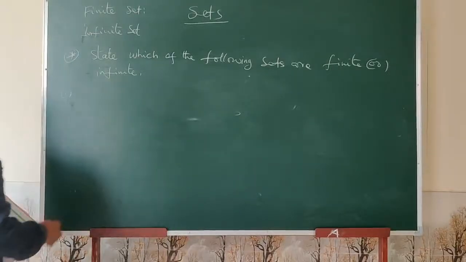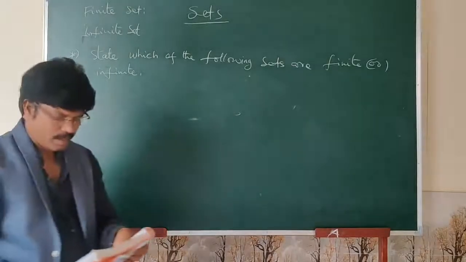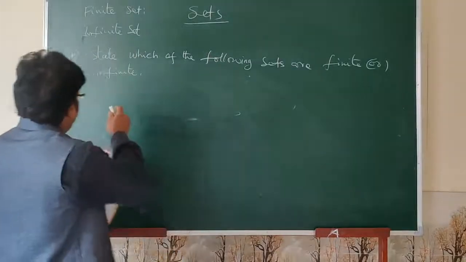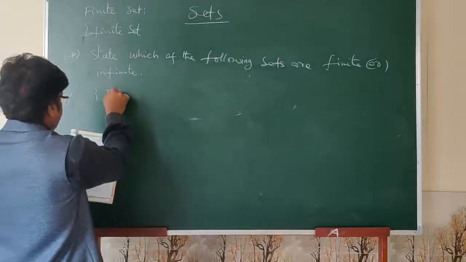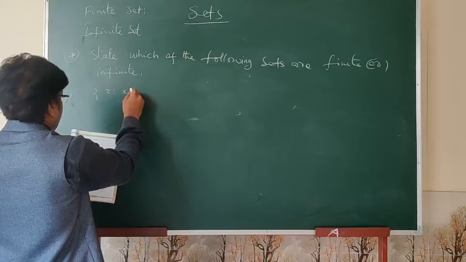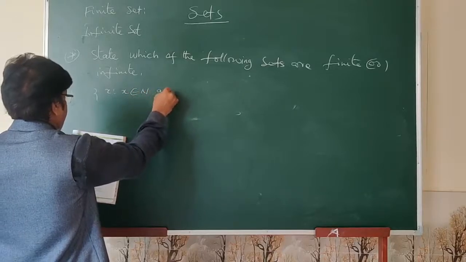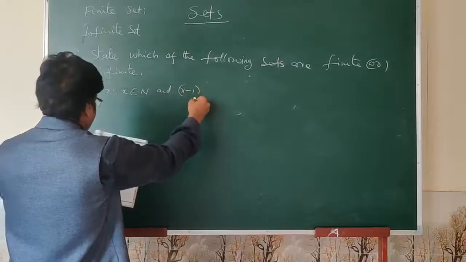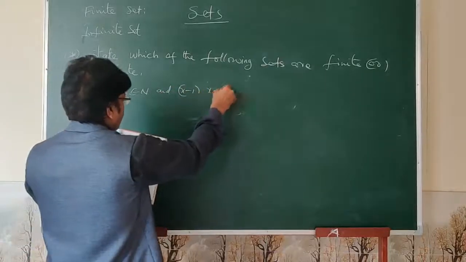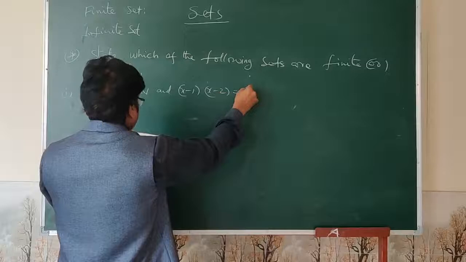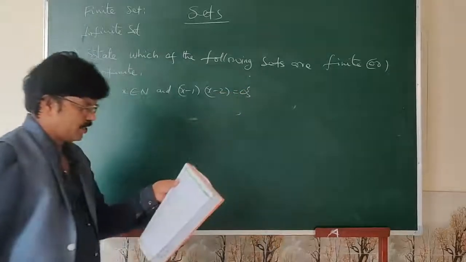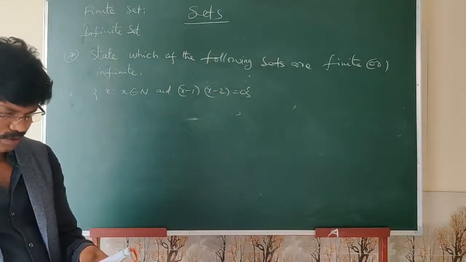Here in the first one, the set of x such that x belongs to N and (x minus 1)(x minus 2) equals 0.